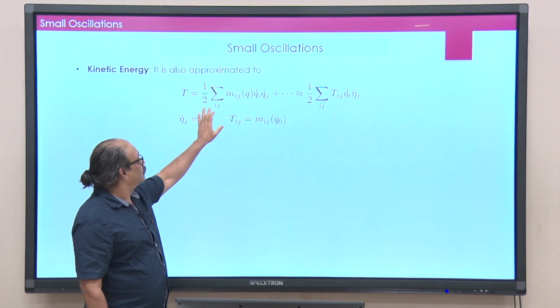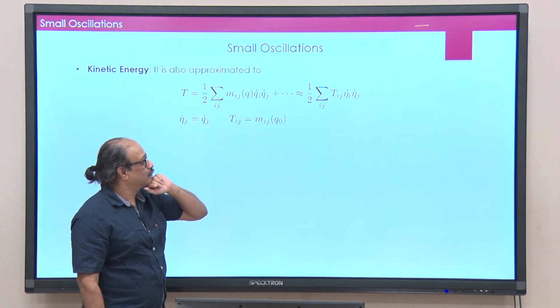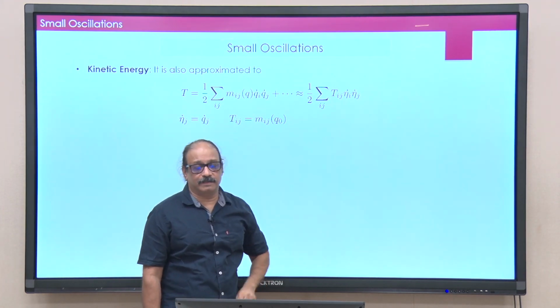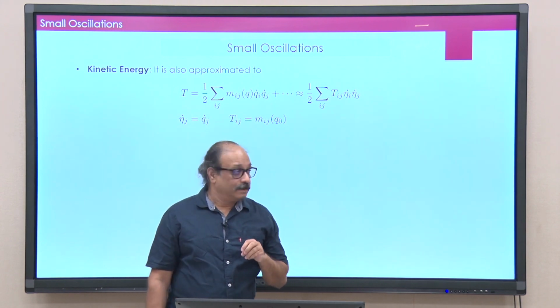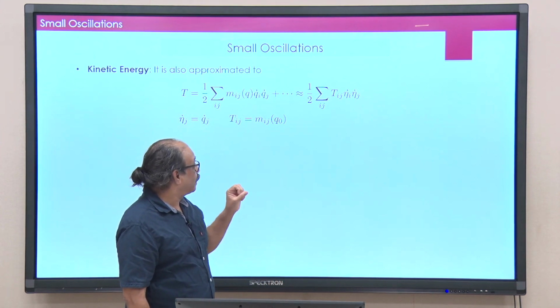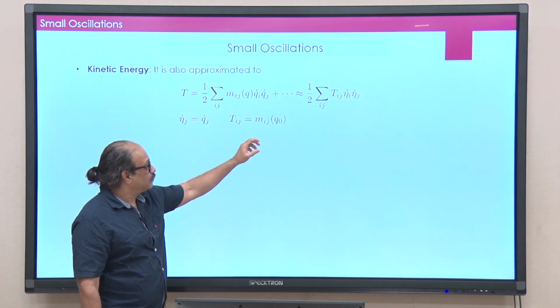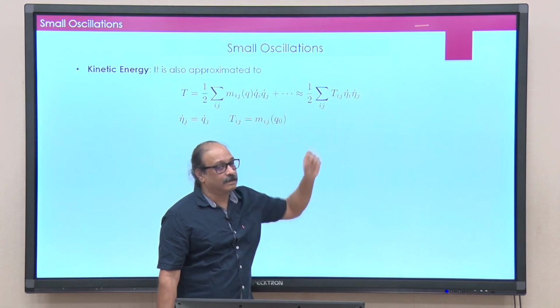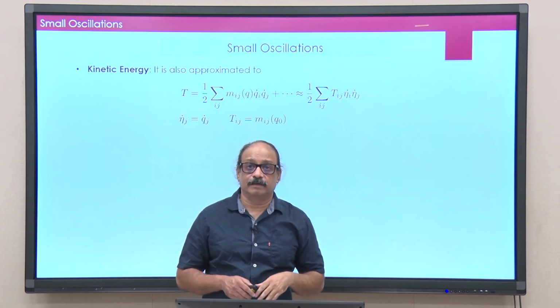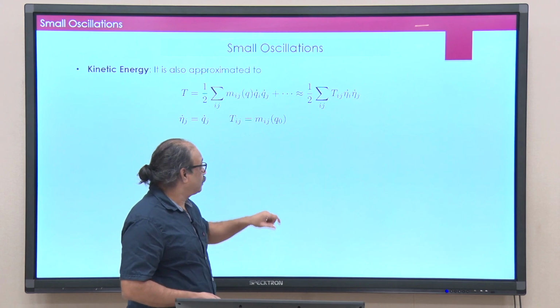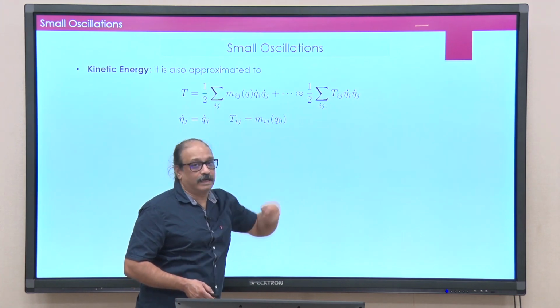So, what I am going to do is approximate this also to something like Tij times eta i dot and eta j dot. Because these velocities, look at this, this is already second order in eta. So, I do not want any more eta appearing in this Tij.